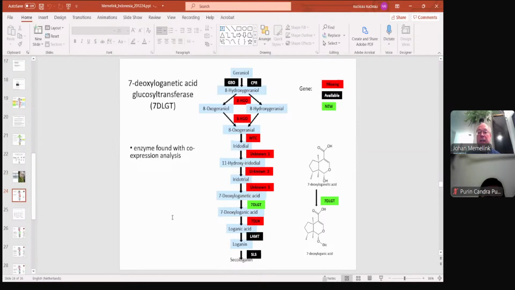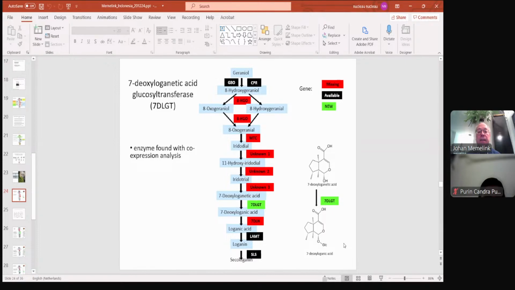Okay, so when we had all the possible substrates and products, we could do our enzymatic assays. This is an example of one of the enzymatic steps. We had a candidate for the conversion of 7-deoxyloganetic acid to 7-deoxyloganic acid.